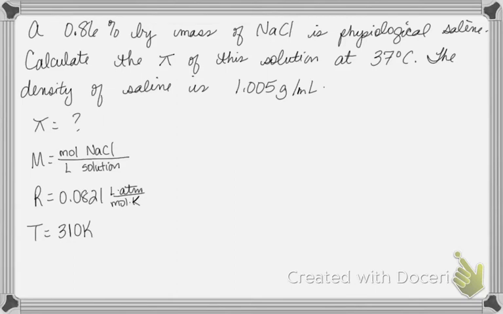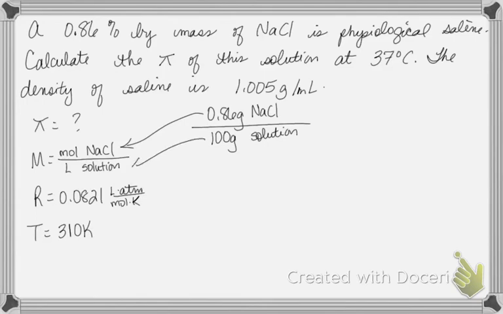What that means is, it says it's by mass, so it means there's 0.86 grams of sodium chloride per 100 grams of the solution. So I need to convert grams to moles, and I'll have that answer. And then if I have the mass and I need the volume, the density will get me there, right?